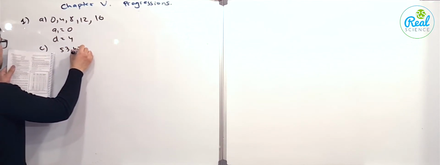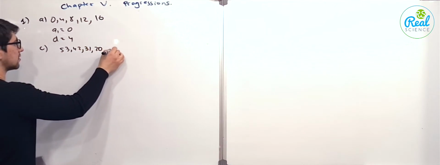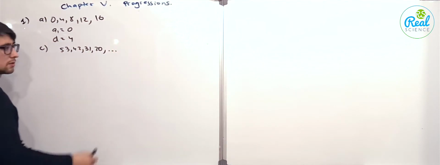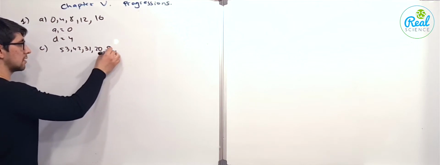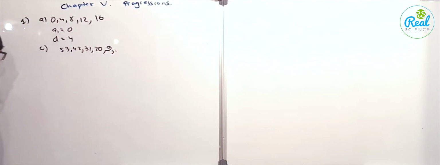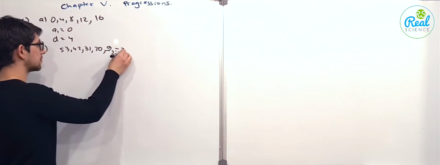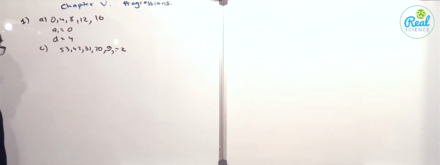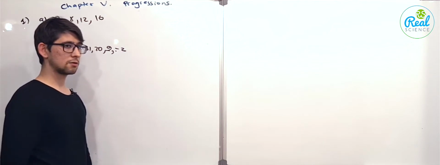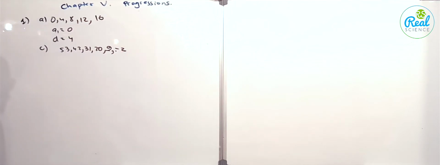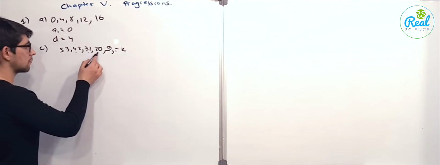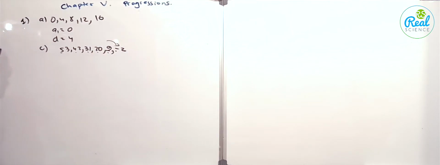53, 42, 31, 20, etc. Can you guess the next number? Yes, it's 9. And what is the next number? Minus 2. So starting from which term will the terms be negative? 1, 2, 3, 4, 5, starting from the 6th term they will be negative.